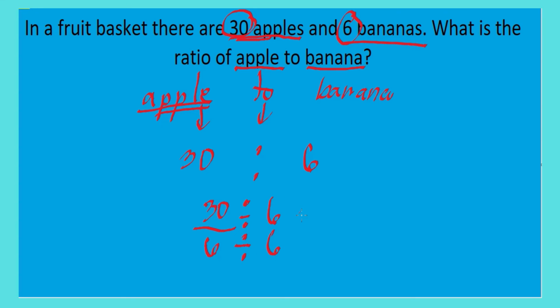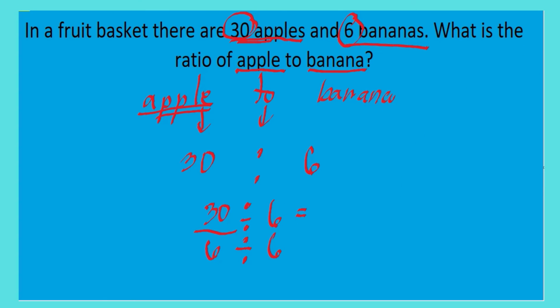So you're just going to divide the numerator and denominator by the GCF. So we have here 30 divided by 6. What is the answer? Very good. So we got 5 here, over 6 divided by 6 is 1. So our answer here is 5 to 1.